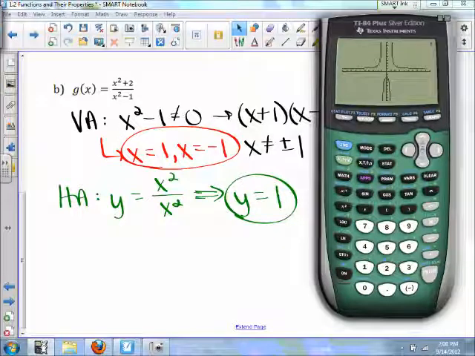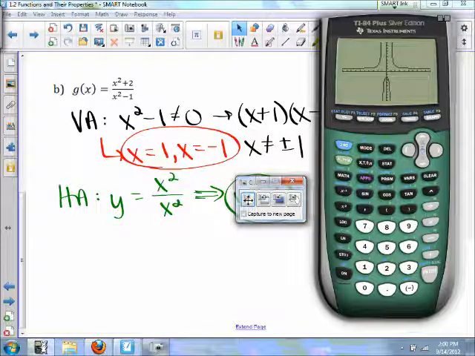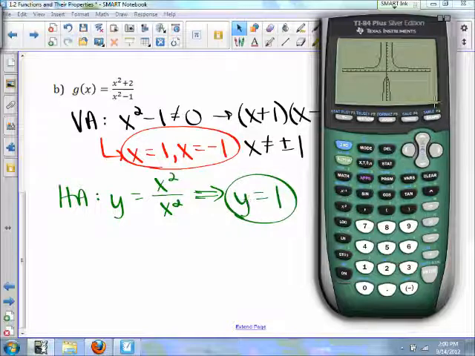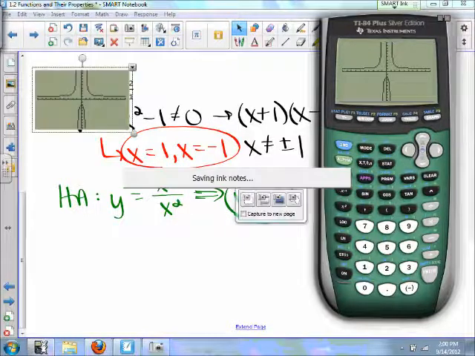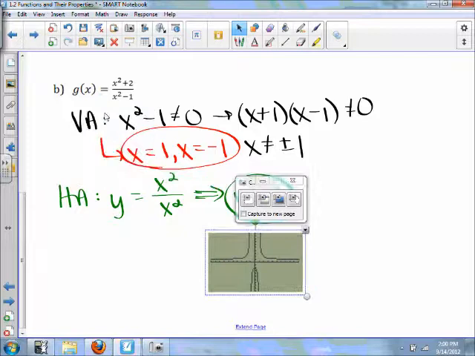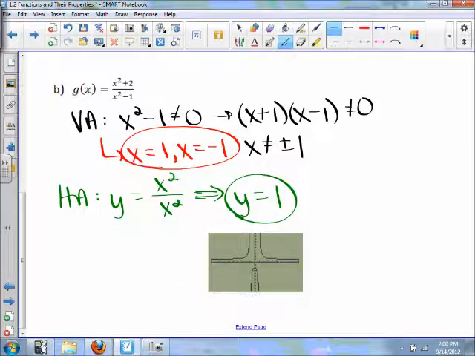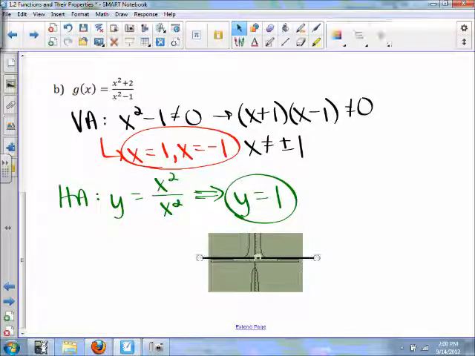And you can see there, we'll have a horizontal asymptote at y equals 1, right about there.